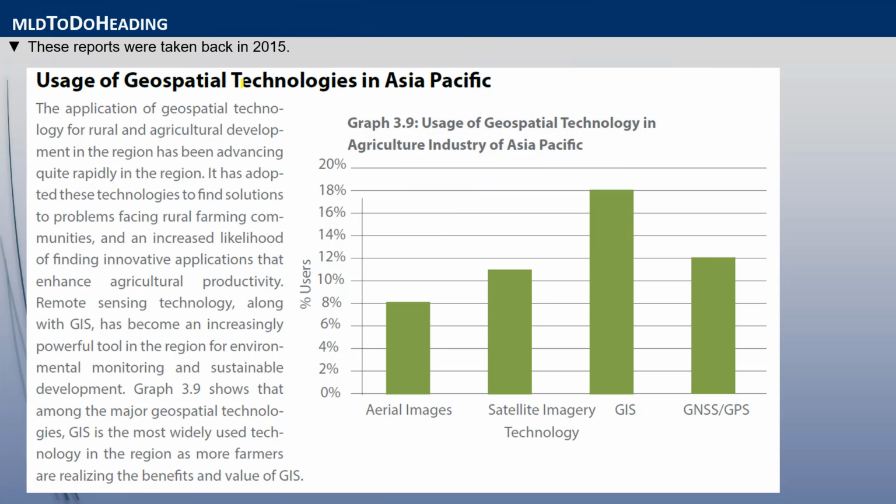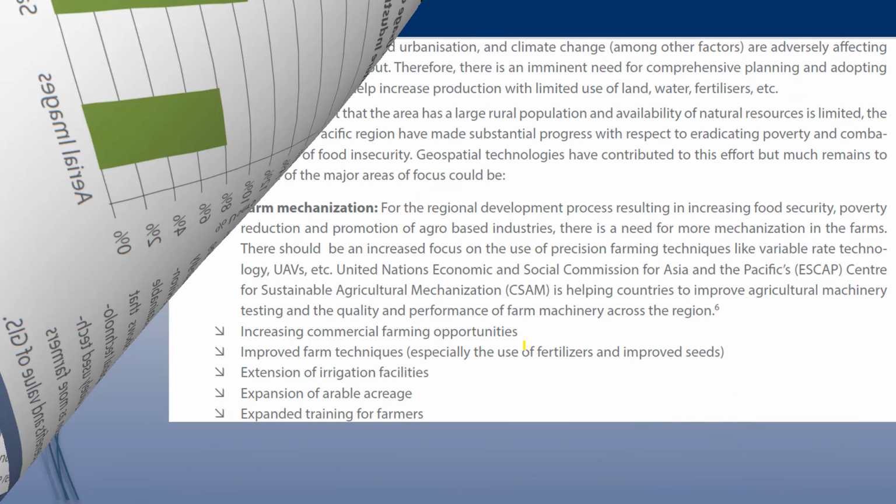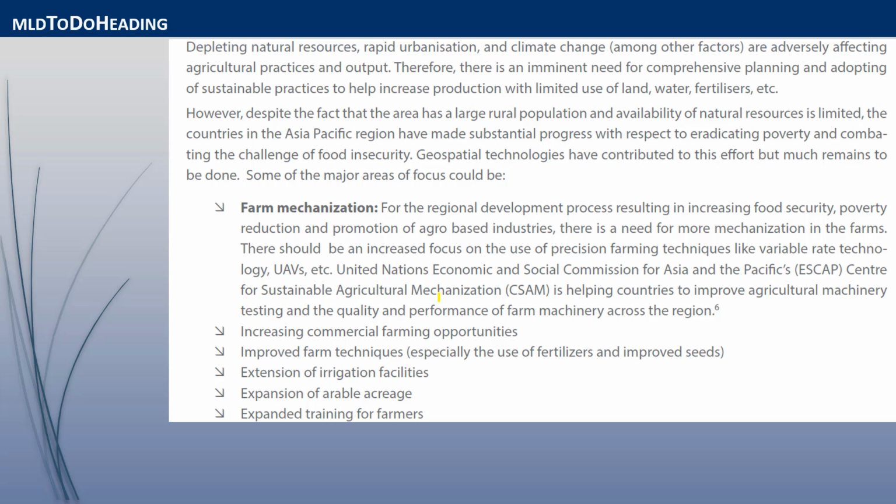This is the geospatial technology in Asia Pacific, and most of the technology in this Asian region is GIS, followed by GNSS and satellite imagery, and then aerial images. And this is some theory.